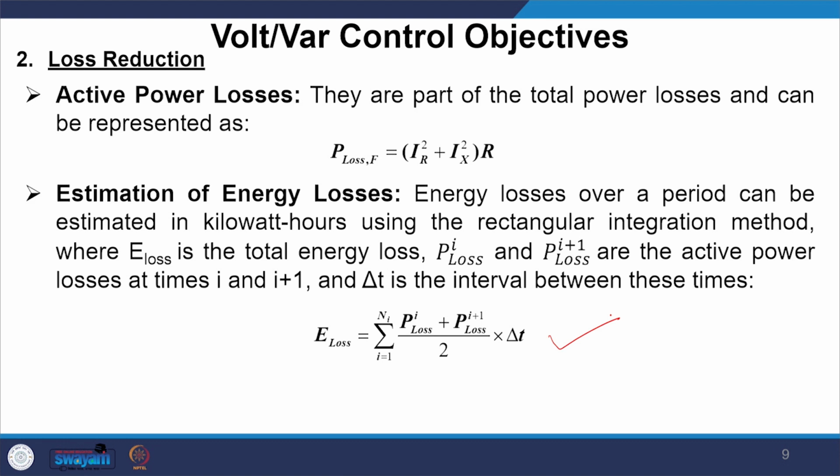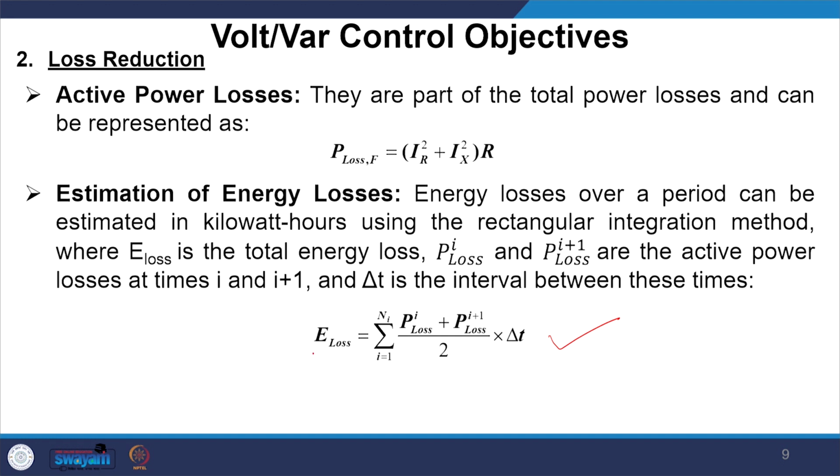Energy losses over a period can be estimated in kilowatt hours using the rectangular integration method, where E_loss is the total energy loss, and P_loss at the i-th and (i+1)-th instants are the active power losses at time i and i+1, and delta T is the interval between the times.